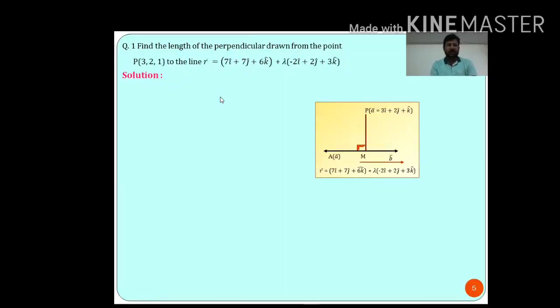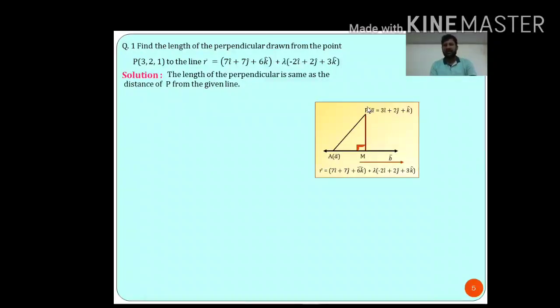The length of the perpendicular from the point is the same as the distance of point P from the given line, that is the length of the perpendicular.